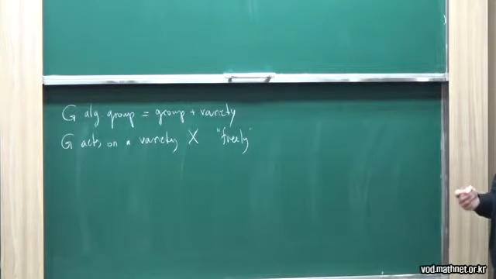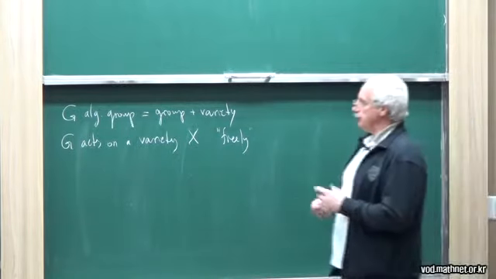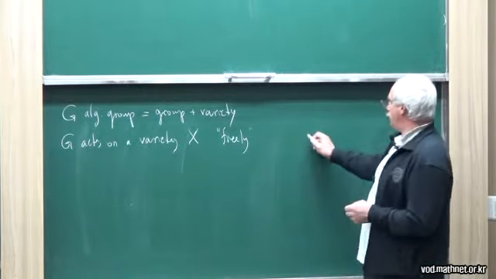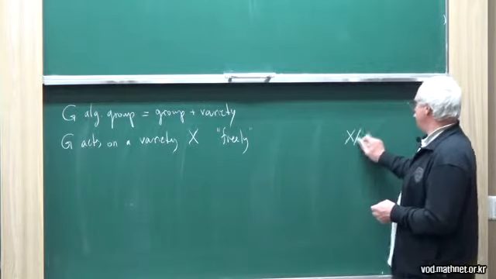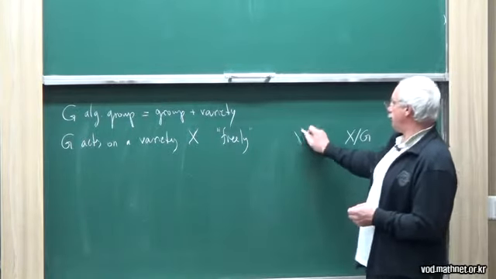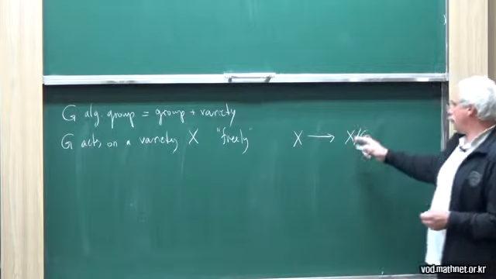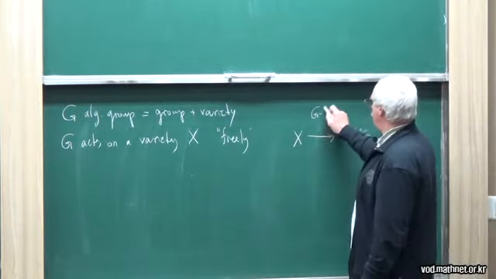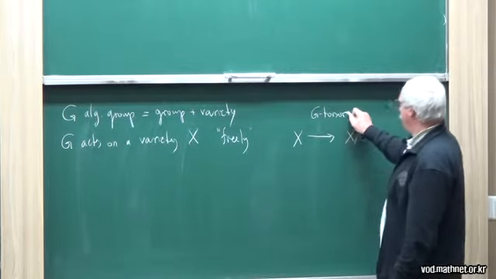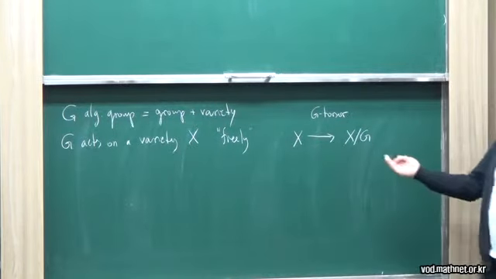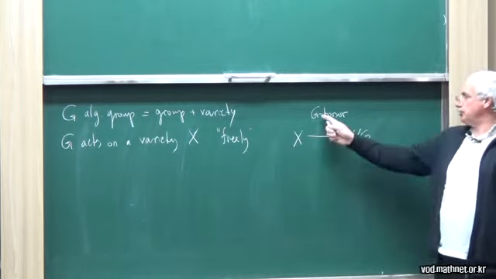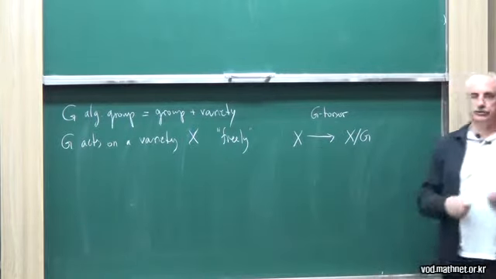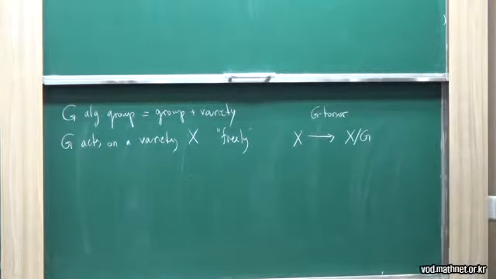Unfortunately, in algebraic geometry, it's not sufficient to construct the quotient variety. X mod G may not exist. But if X mod G exists, the canonical map from X to the variety of orbits is called a G-torsor. So it is a morphism so that G acts on the fibers of this morphism in a nice way, without stabilizer and transitively.